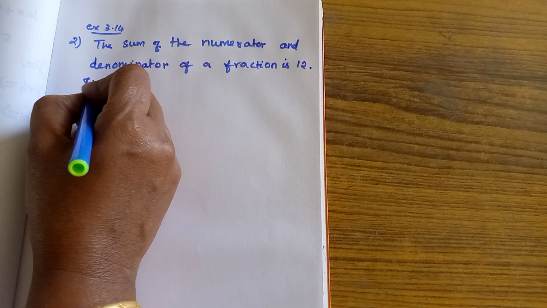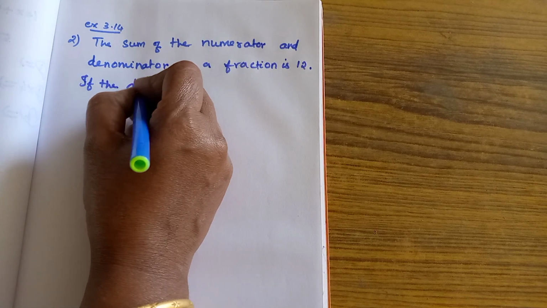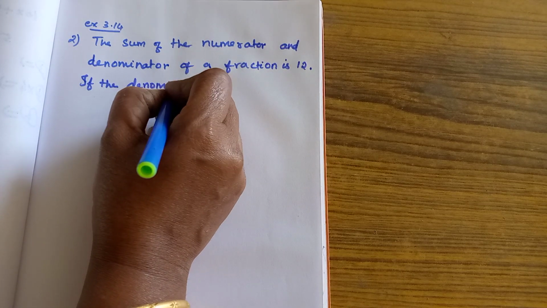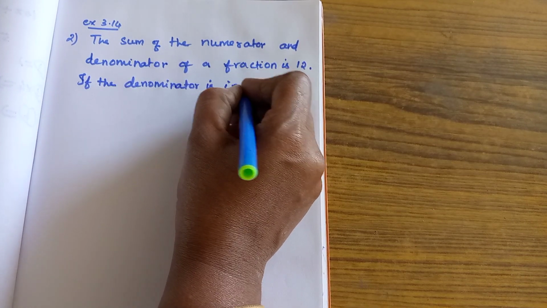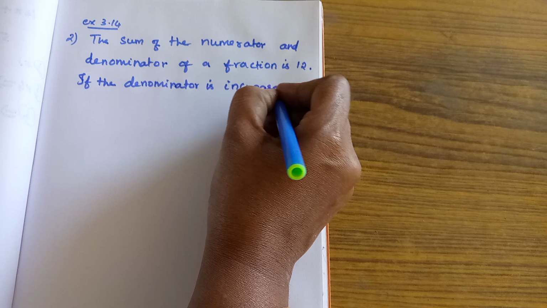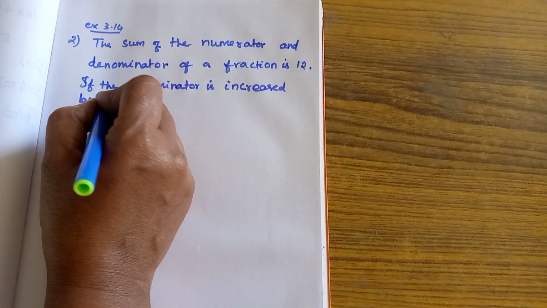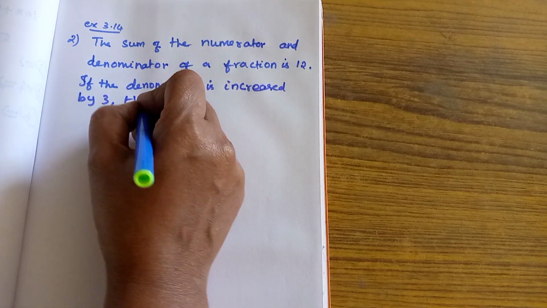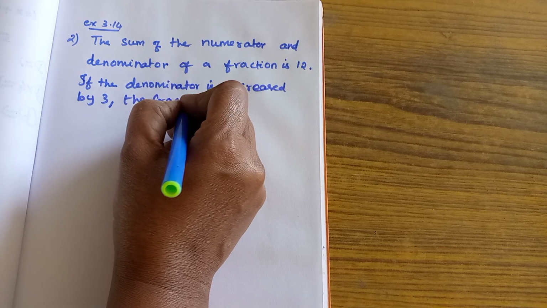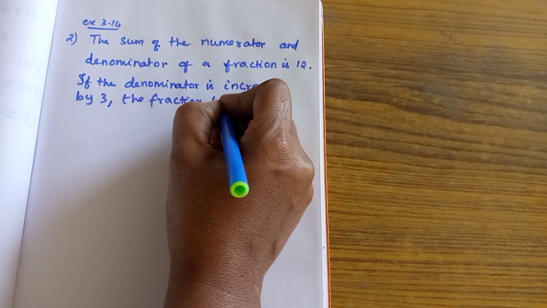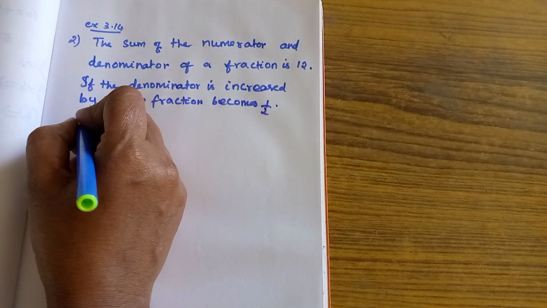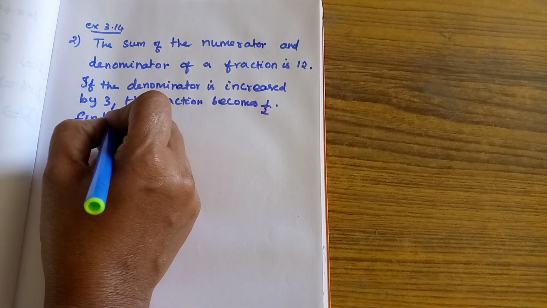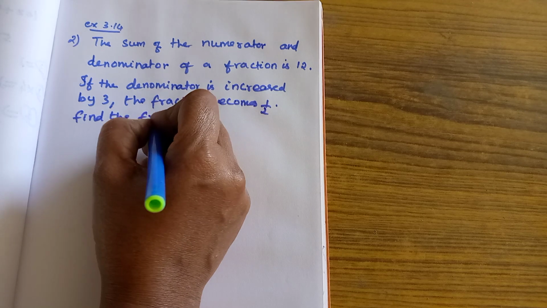If the denominator is increased by 3, the fraction becomes 1 by 2. Find the fraction.